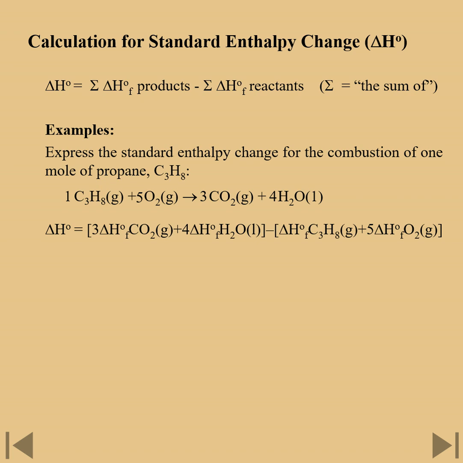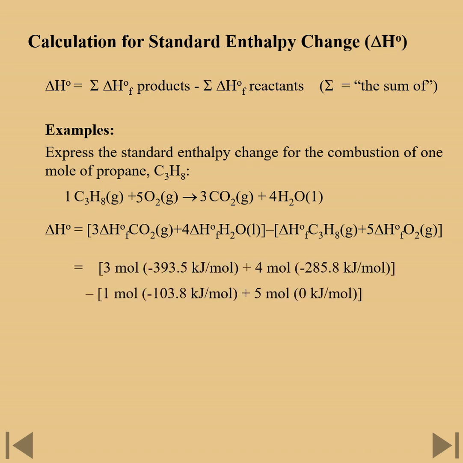Our standard enthalpy change, delta H naught, is equal to the sum of the enthalpies in the product, so the 3 carbon dioxides and 4 waters, minus the enthalpy in the reactant, so that's going to be the 1 propane, since the enthalpy of formation of the oxygen is 0. I'm going to go ahead and carry that just to make that point.